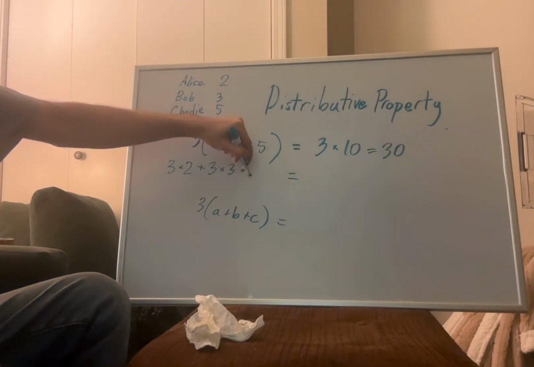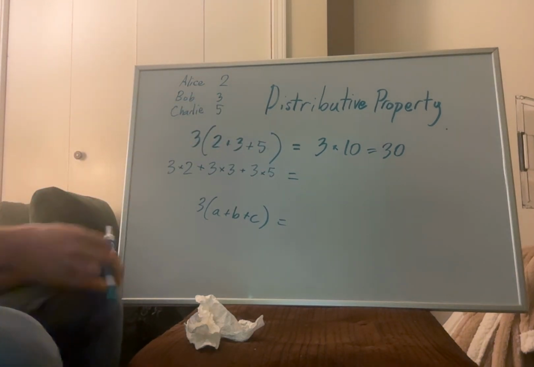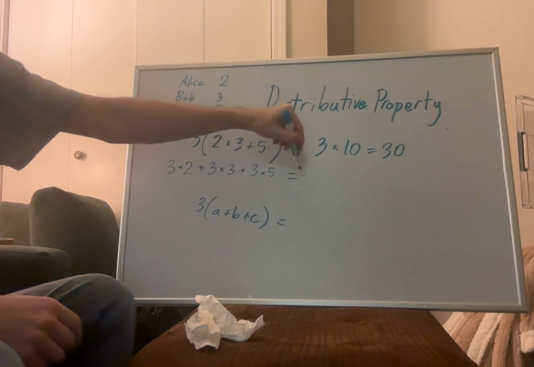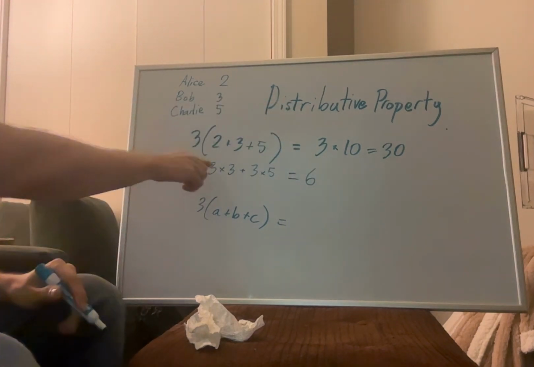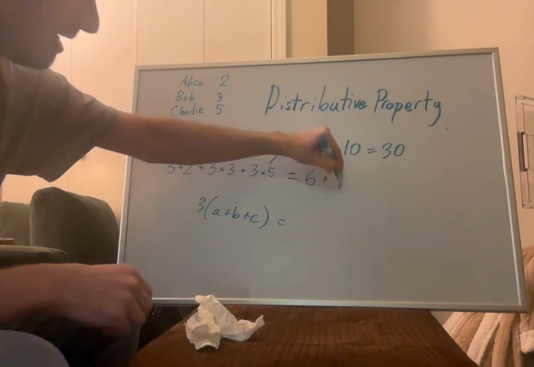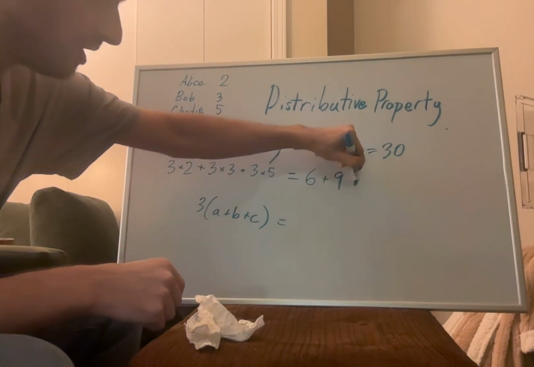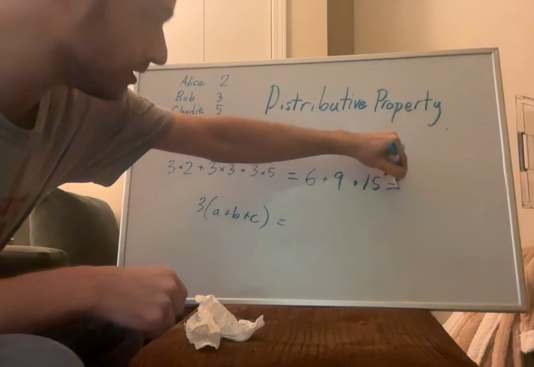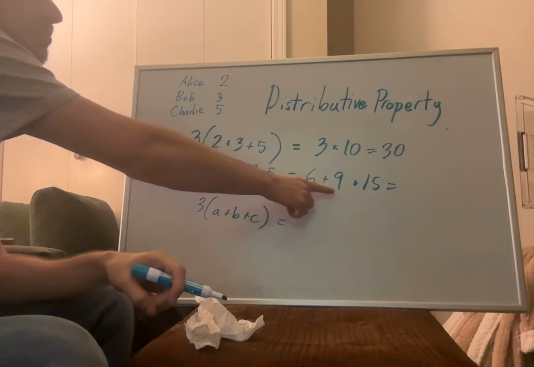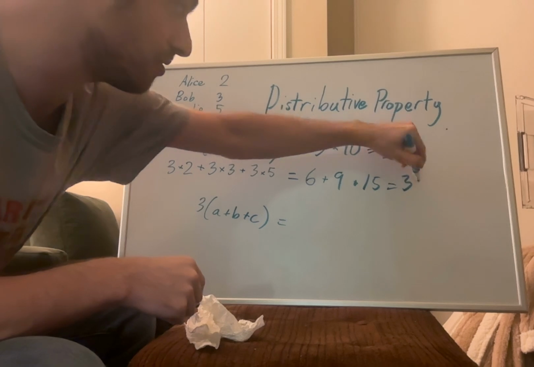We want to add to that 3 sides with 5 triangles for Charlie. And now let's see what that gives us. 3 times 2 is going to be 6, plus 3 times 3 is going to be plus 9. And then we have plus 3 times 5, which is plus 15. And sure enough, 6 plus 9 is 15, plus another 15 gives us 30.